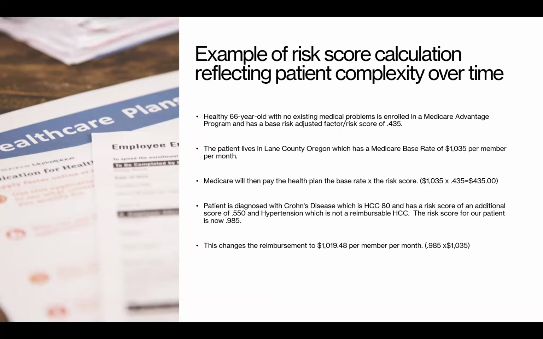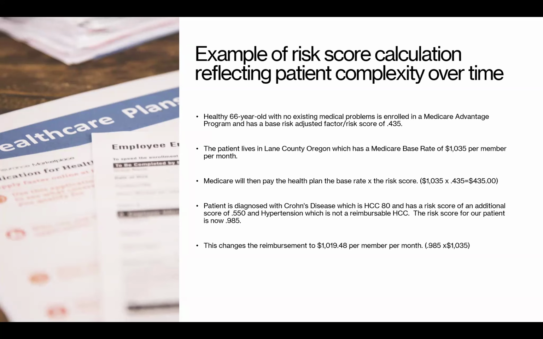All right, now our patient is diagnosed with Crohn's disease, which falls into HCC 80 and has a risk score of an additional 0.550, and hypertension, which is not a reimbursable HCC. Remember, there are over 70,000 ICD-10-CM codes, but only about 14,000 that map to reimbursable HCCs.